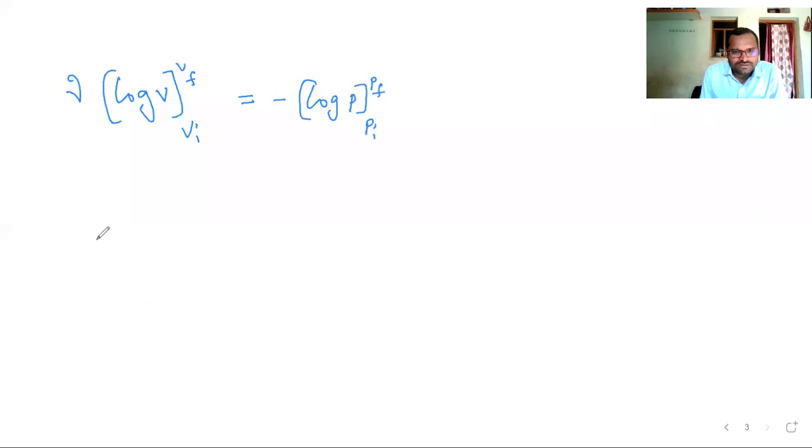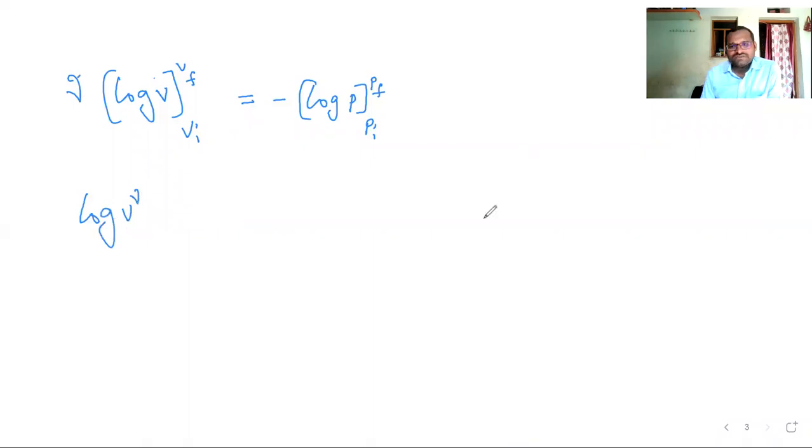Before applying the limits, send this gamma inside. You will get log of V power gamma.